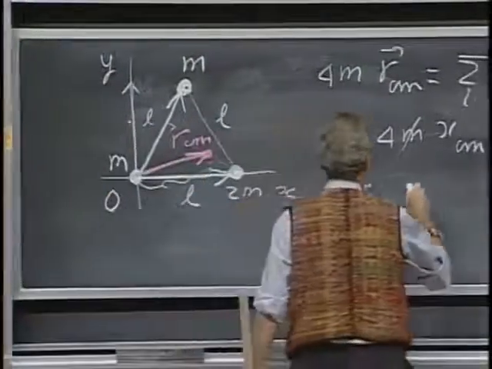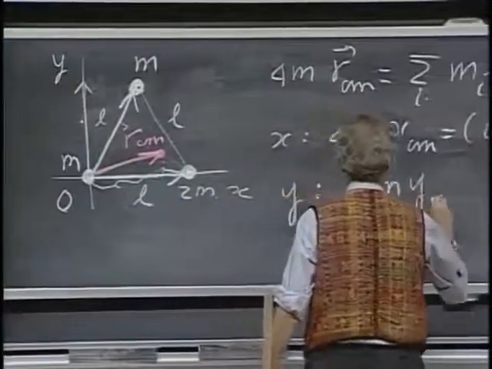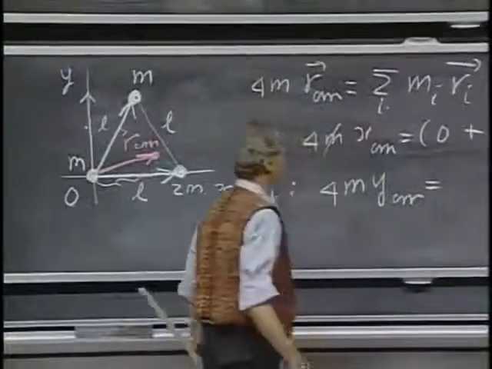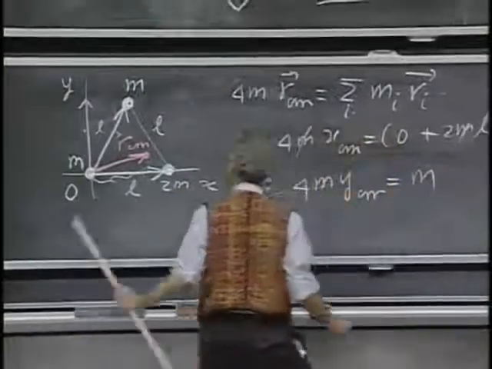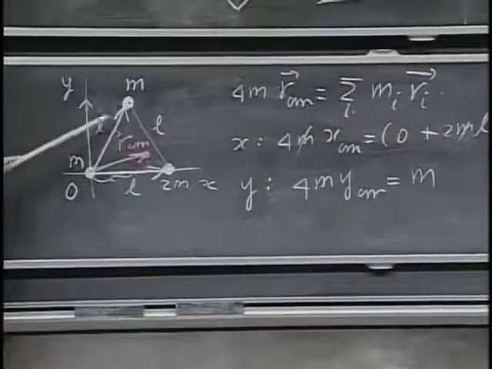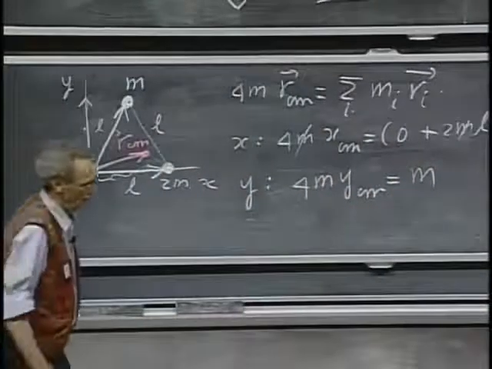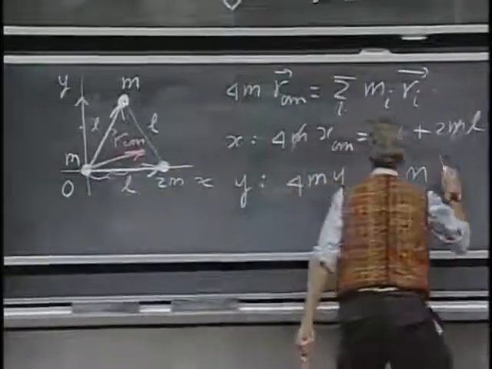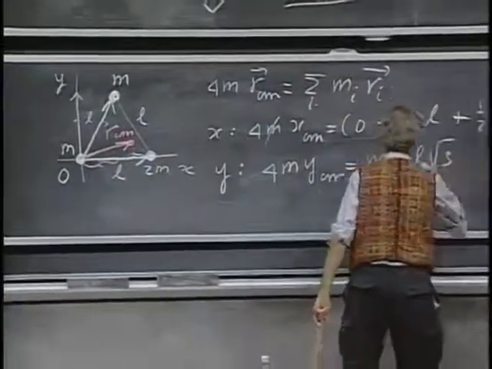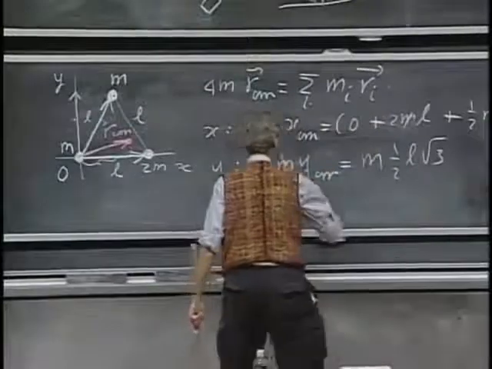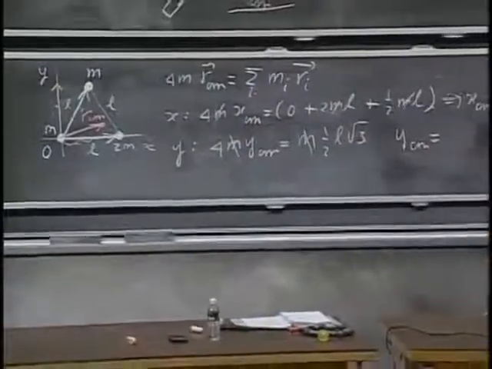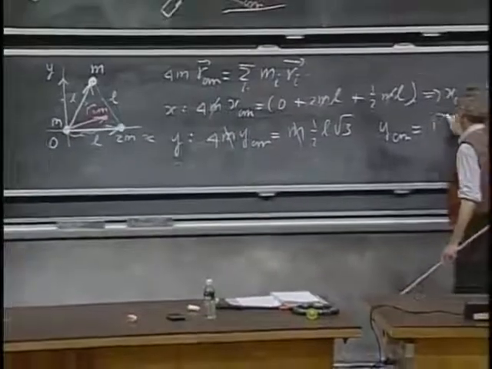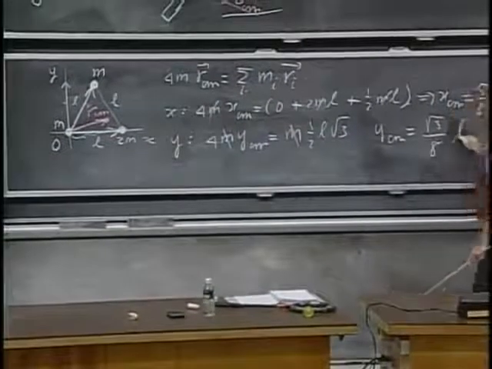So you're going to get that 4m times y of the center of mass equals this mass m times the y component of that position vector, and that is 1/2 L square root of 3. And so you lose your m, and so you see that y center of mass then becomes the square root of 3 divided by 8 times L.